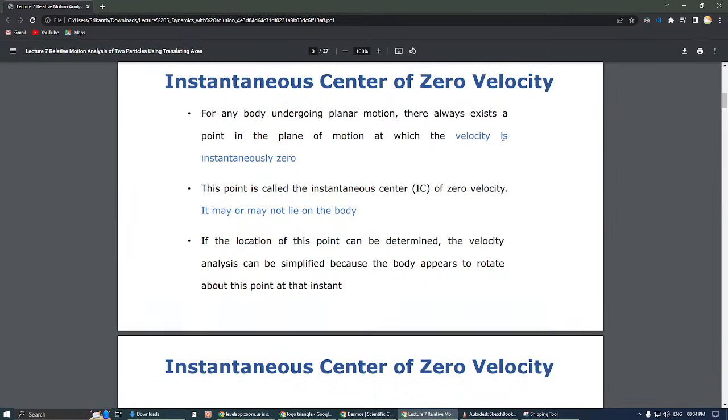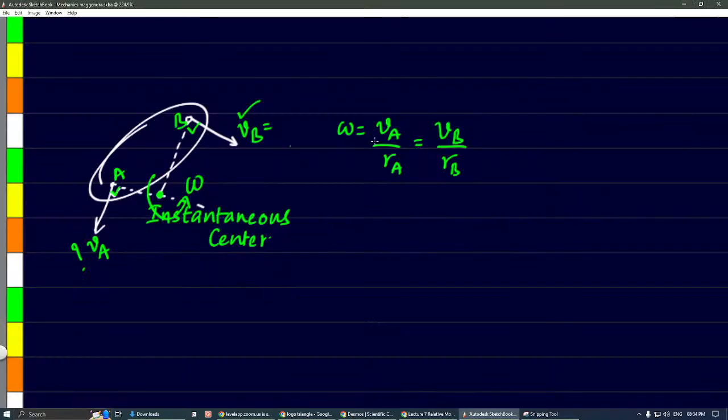For any body undergoing motion, there always exists a point in the plane of motion at which the velocity is instantaneously zero. Velocity is instantaneously zero. What it means is, here we have done the analysis now.